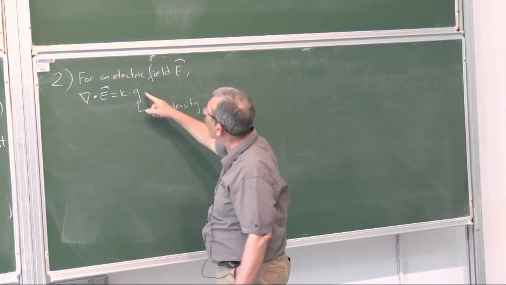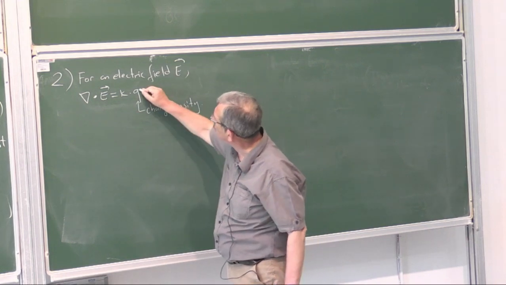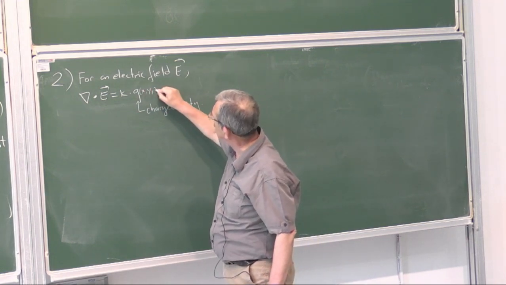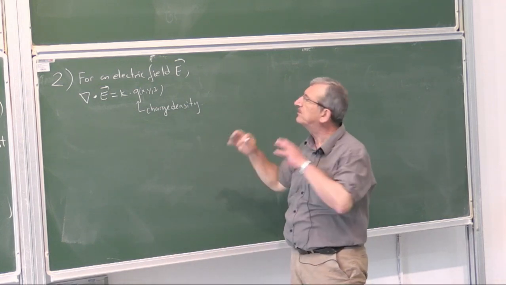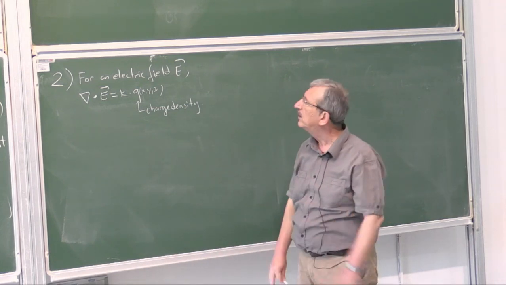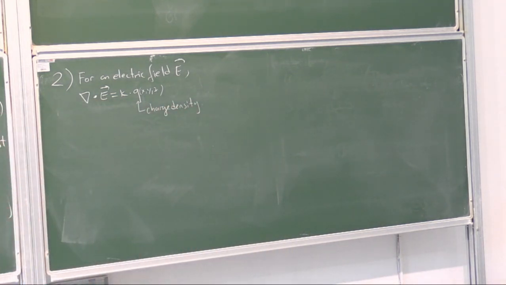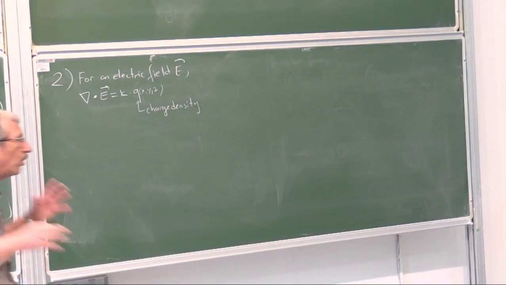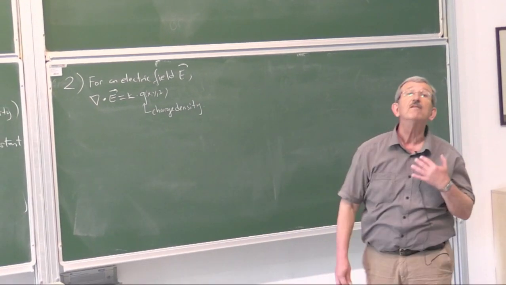None of these is constant, except K, of course. Let me put X, Y, Z here to show it's not a constant in general. Density changes from one point to another, but we have this equation coming from the Maxwell equations, which govern all electrical, magnetic, and electromagnetic flow.